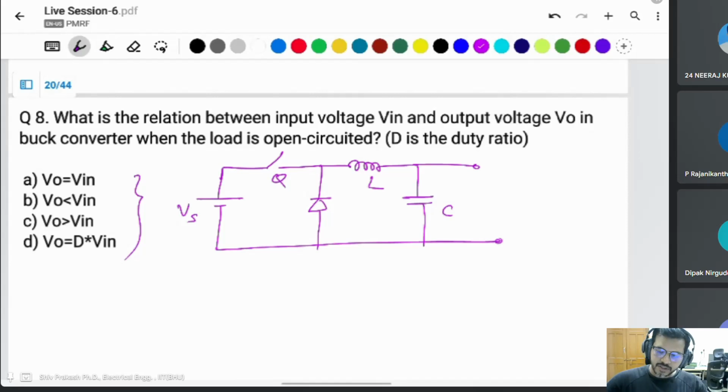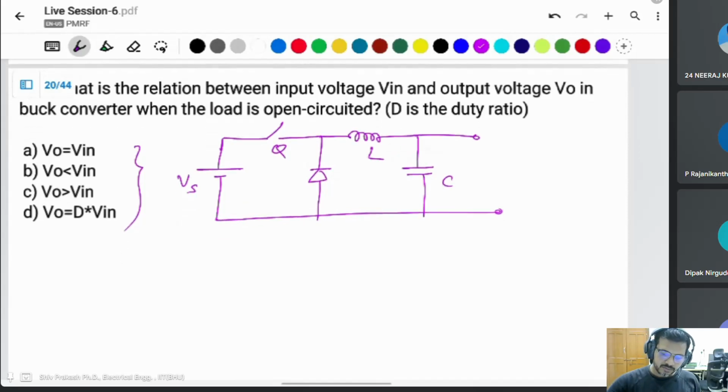Can anyone guess this one? Try to guess. If you want to calculate the actual output voltage, first try to analyze this circuit. In the on time, what happened? This is the LC circuit.